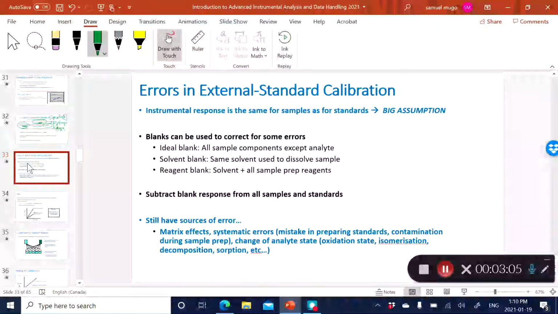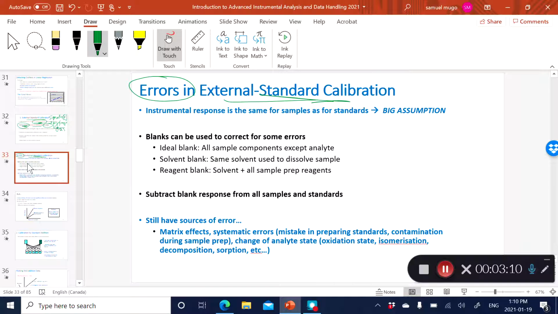So just to summarize very quickly, with the external calibration method, as I've said, the error involved is that huge assumption that the instrument responds to the sample in the same proportion as to the standards, which is not completely true because, again, of the presence of the matrices.